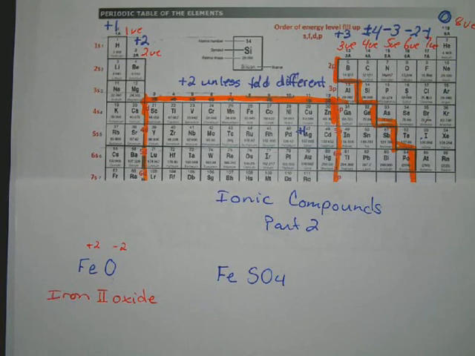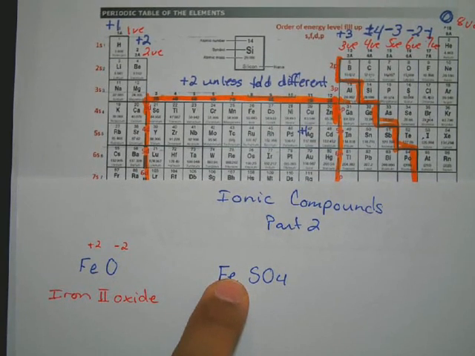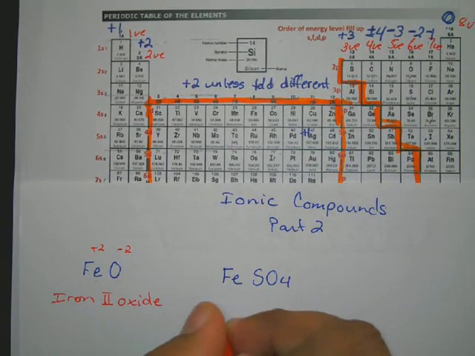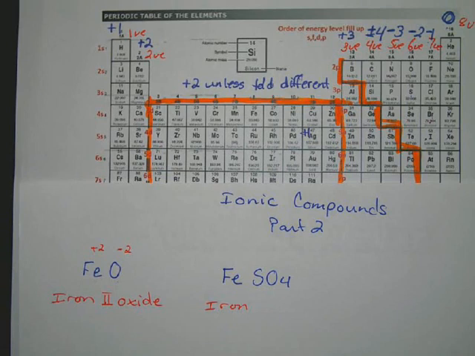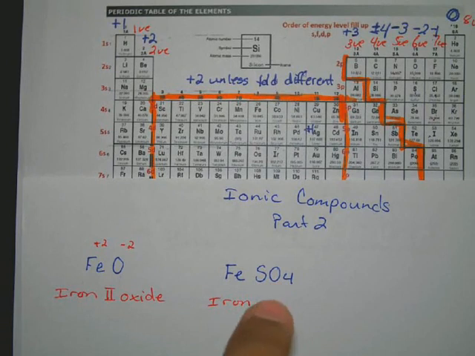Now, same thing with this guy. It happens with polyatomics also, okay? We got to figure out iron's oxidation number so we can name him. He's a transition metal. I know he's going to be iron, but I need an oxidation number, okay? Remember, the nonmetals never lie. So let's look up this polyatomic. Let's go to your polyatomic ion sheet.